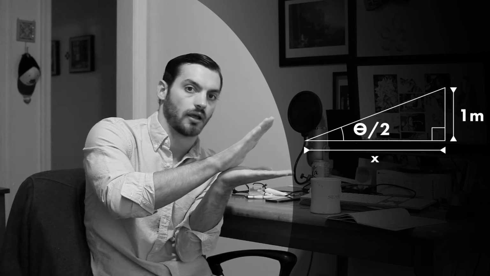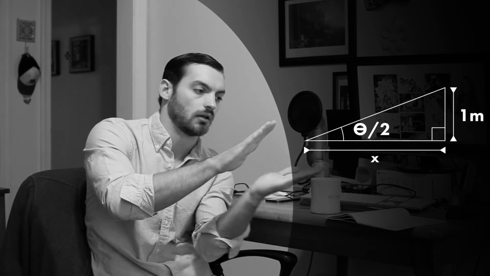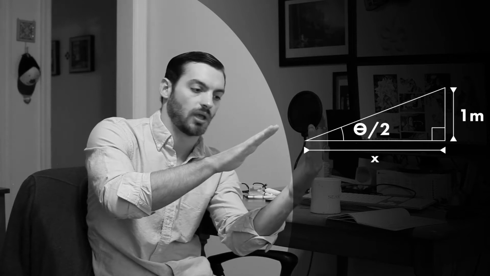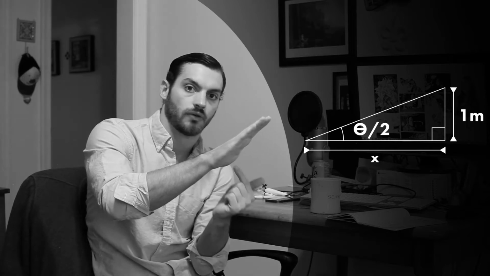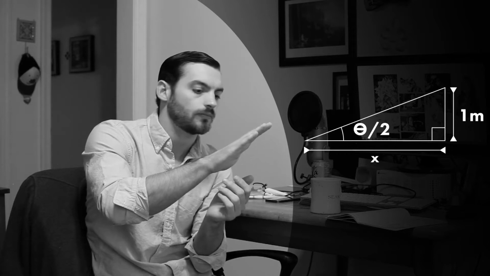If I've got a triangle coming out of the camera, here's the camera, I've got the angle of view coming out, and here's the panel I'm going to hit. Well, I'm just going to split that triangle in half. Now I've got a right angle triangle. It's going to hit the panel at a right angle, and then here's half the panel, and then I've got half of the viewing angle that I want.